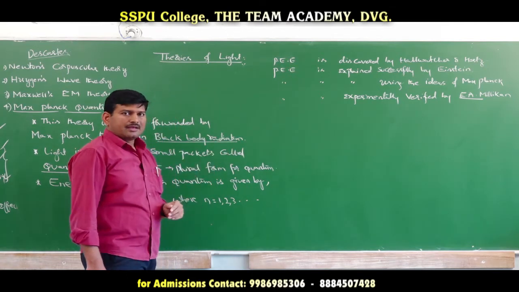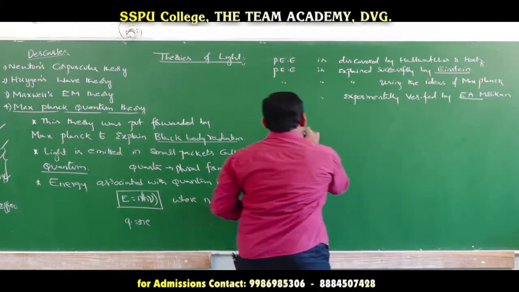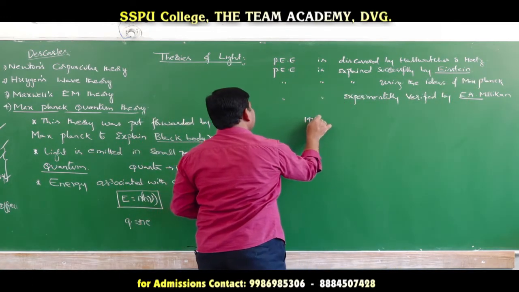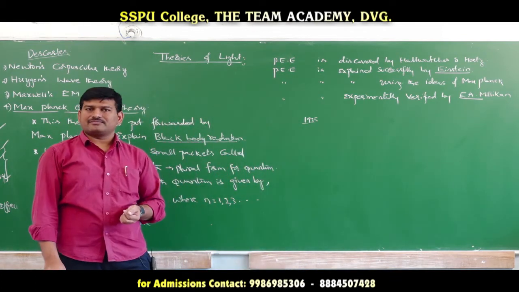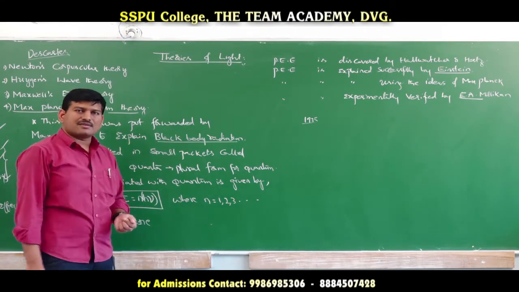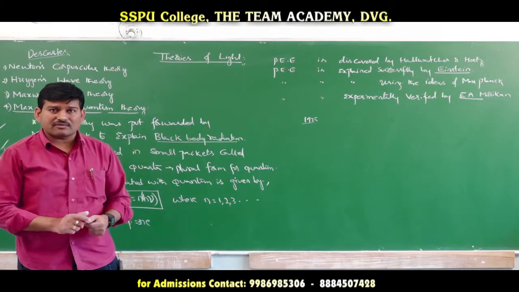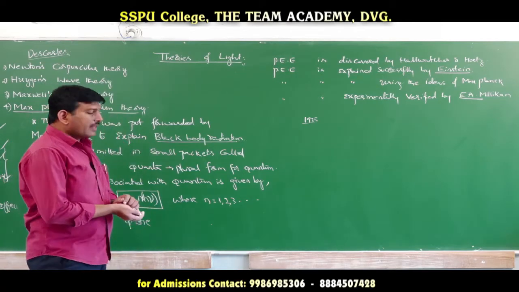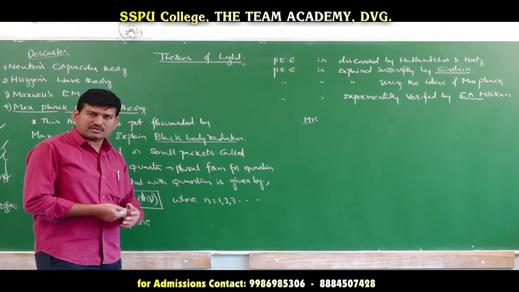The surprising thing is Einstein got the Nobel Prize in the year 1921 for explaining the photoelectric effect. He did not receive the Nobel Prize for his famous equation E is equal to mc square, which relates energy with mass, the energy-mass equivalence.